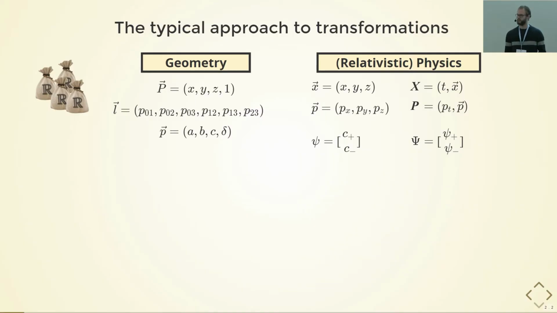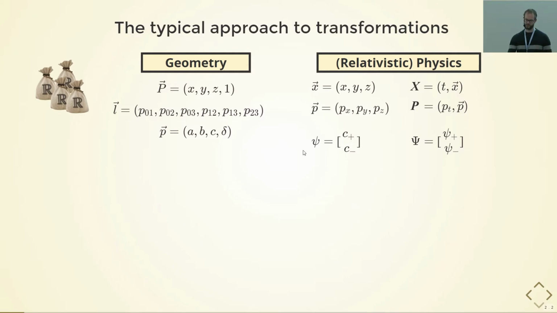And the same thing is true in physics. When we talk about the location of something, the x-coordinates, it's just a vector x, y, z. Momentum is a vector in the 3 directions. And when we go to relativistic physics, that just gets extended with a time component, right? And for momentum, we get an extra time component of momentum, which is the classical energy.